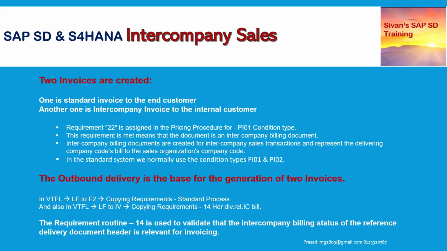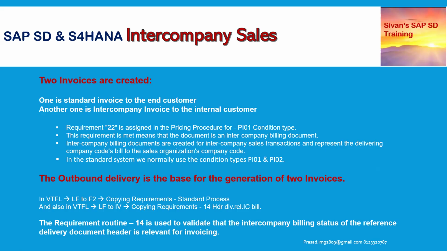So when this requirement is met, it means the document is an intercompany billing document. The system understands that it is an intercompany sales transaction. The intercompany billing documents are created for intercompany sales transactions and represent the delivering company code billed to the sales organization's company code. So this is what we need to always keep in mind.